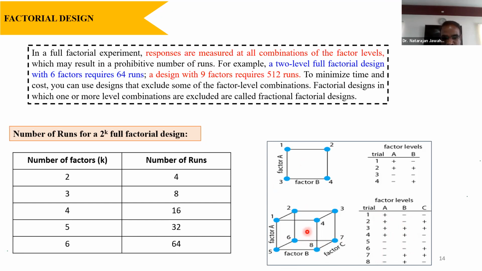And similarly here also, if I put the center point here, it is a cubical one. 3 factors means factor A is on the x-axis, factor B on the y-axis, and in the cubical, this will be the C. If I put a center point here and then divide into 8 points, in point 1, A will be the high level, whereas B and C will be the low level.